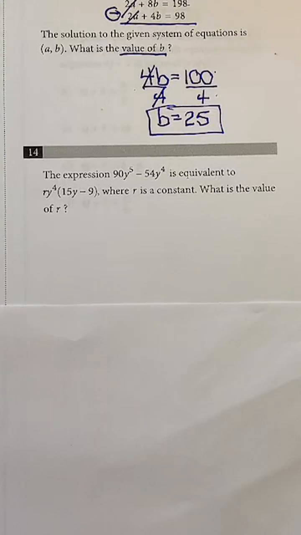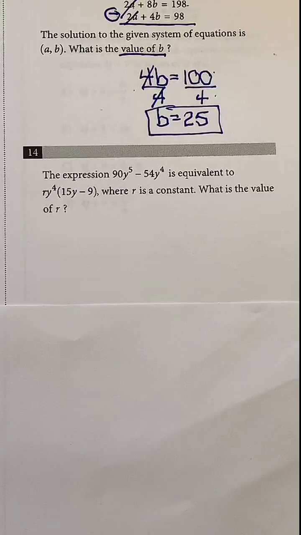Sorry, number 13. No, it's not going to be 0 because you're trying to find what B was. You weren't trying to find A. Okay. Can you hear me now? I'm on mute.